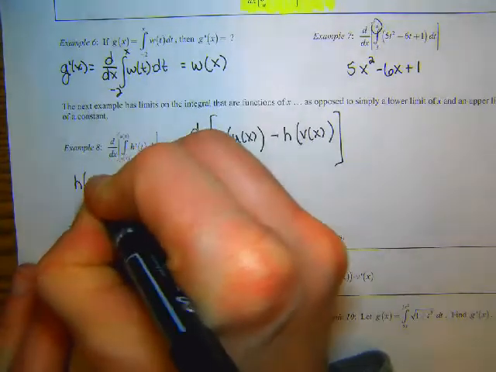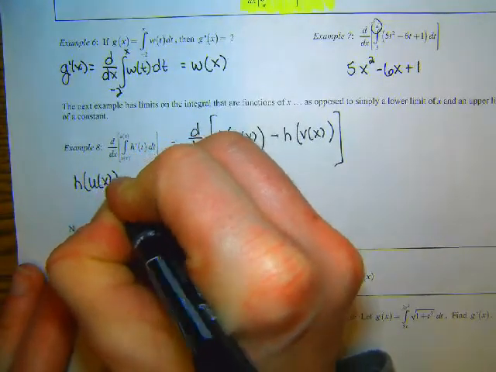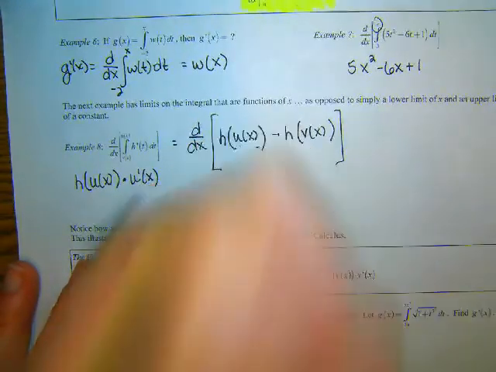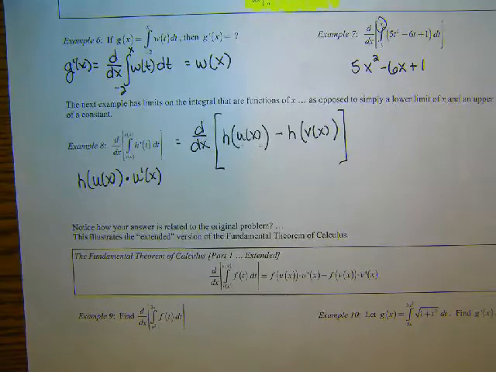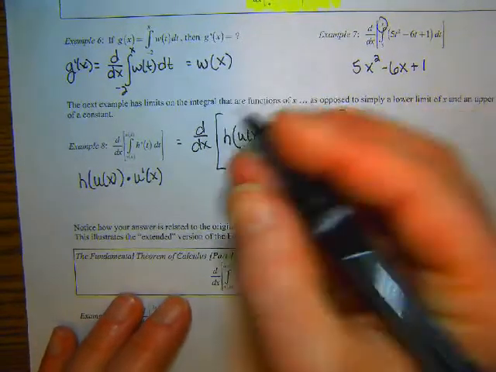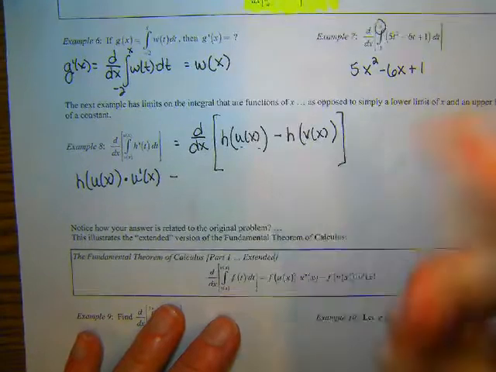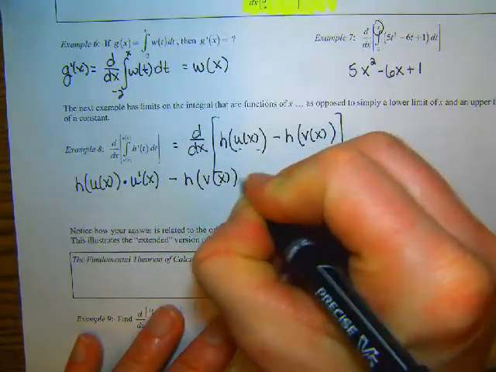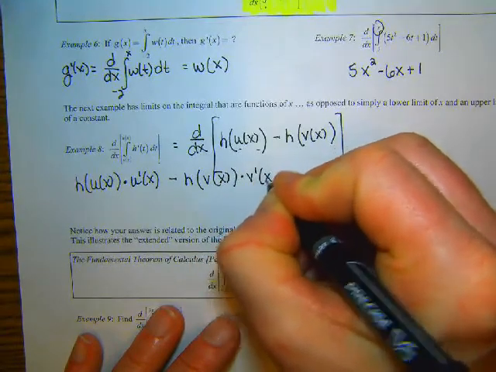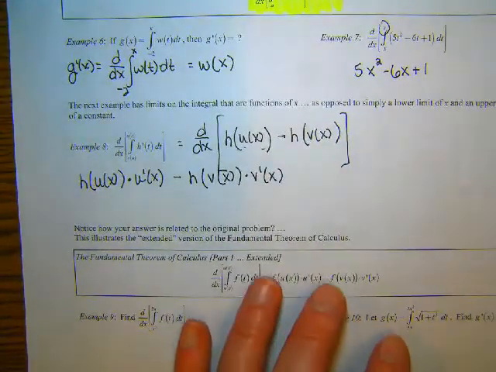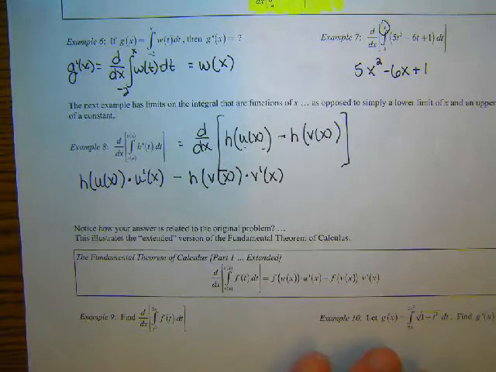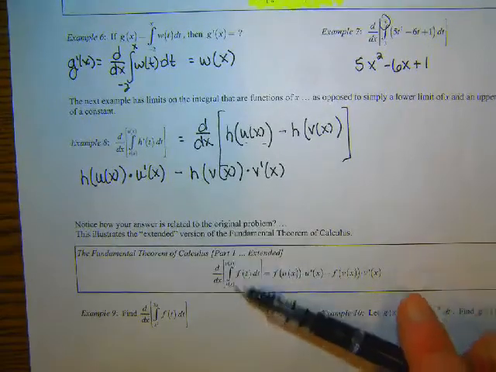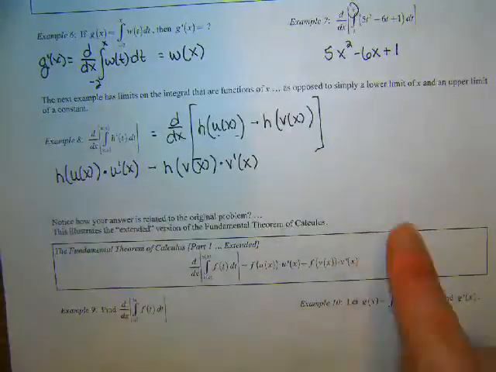It's h of u of x times the derivative of what's inside, so times u prime of x. Minus h of v of x times v prime of x.